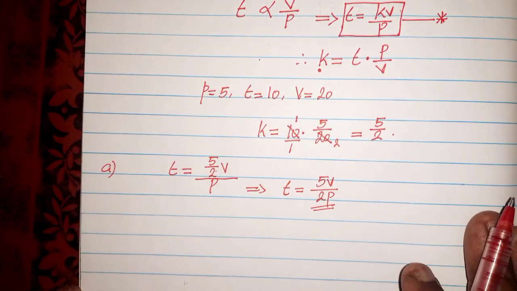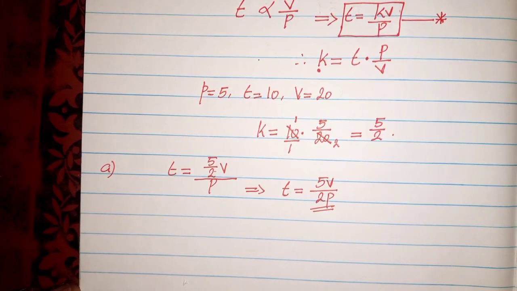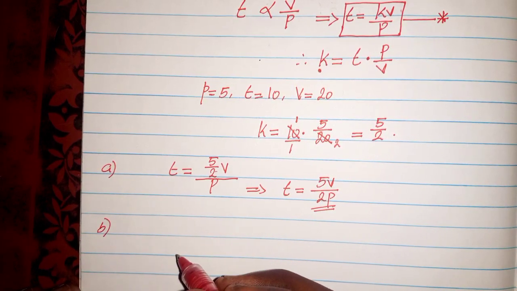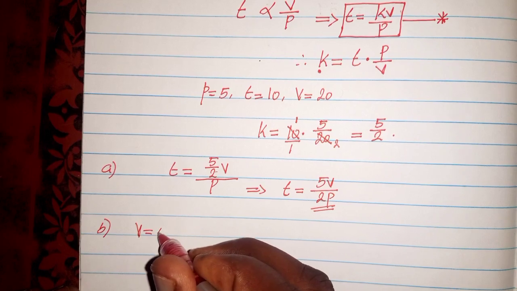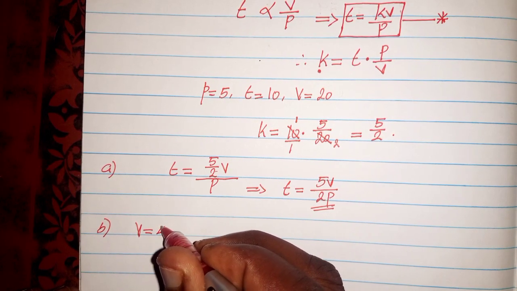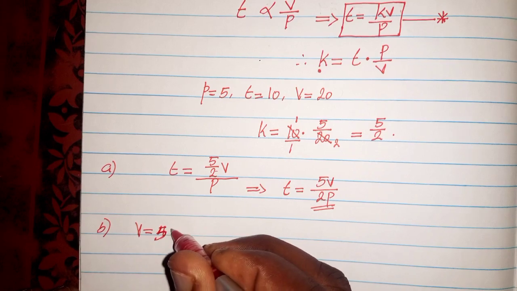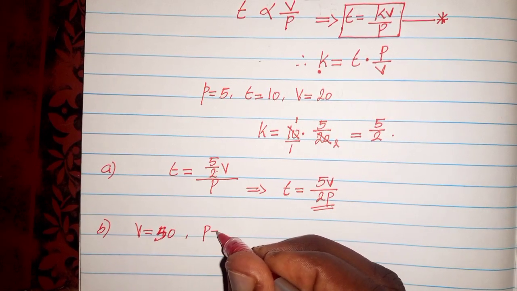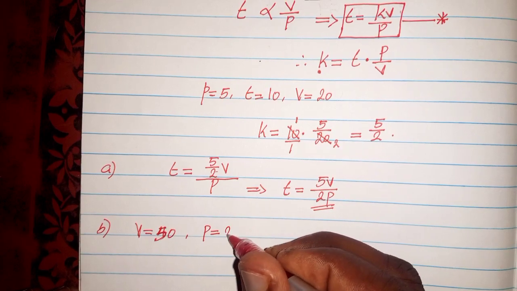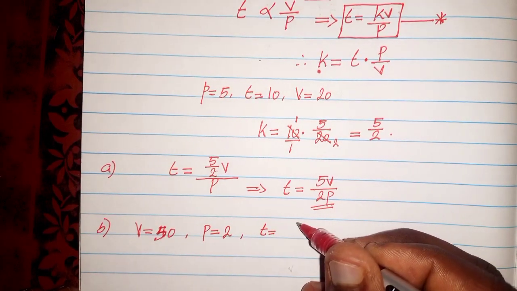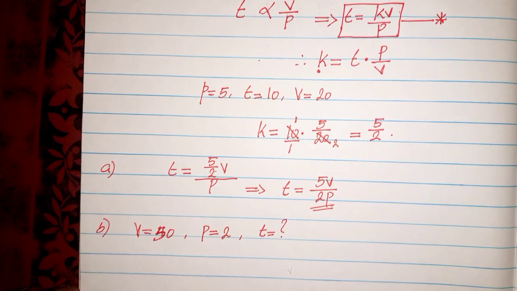That is our question B. So here we are given that V is equal to 50, and our P is equal to 2. And of course the T is unknown here.